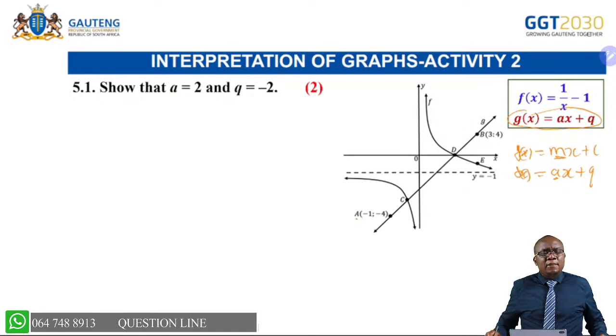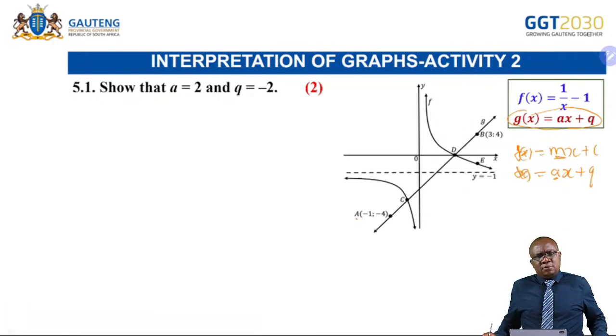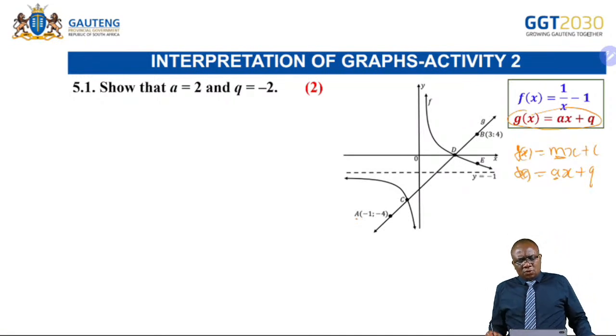What is c? The y-coordinate of the y-intercept, that's c. q, the y-coordinate of the y-intercept, that's your q. So m and a is one thing, c and q is one thing. Right, now what do we do?